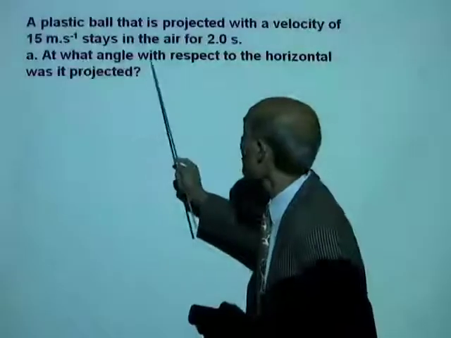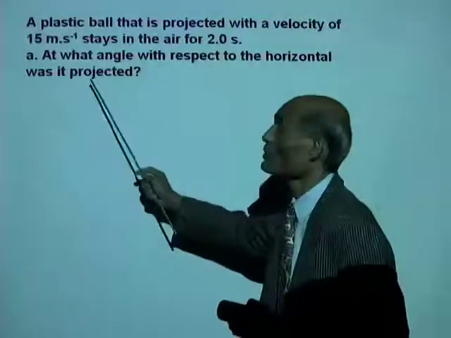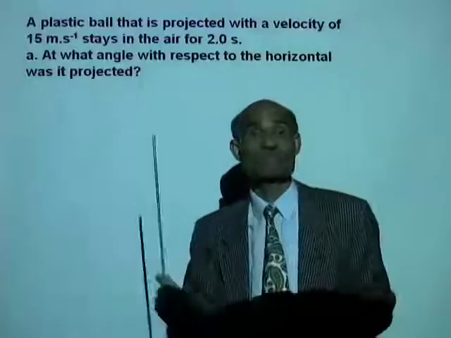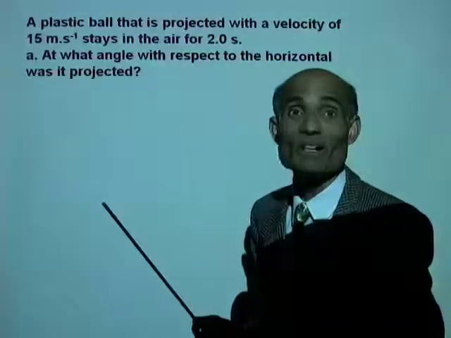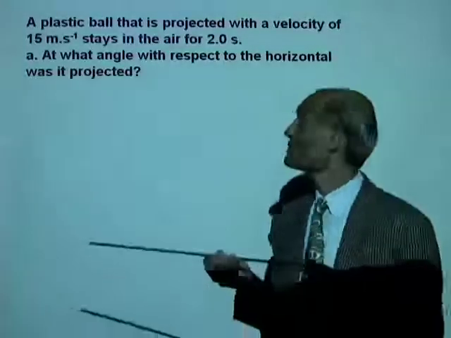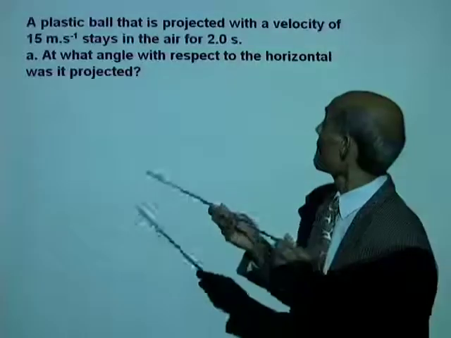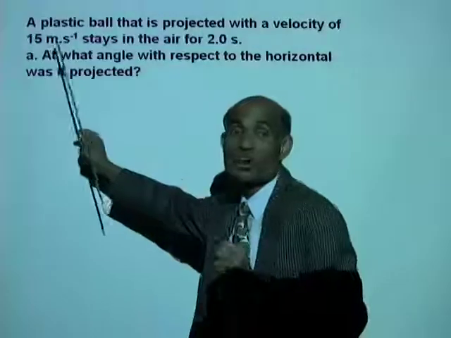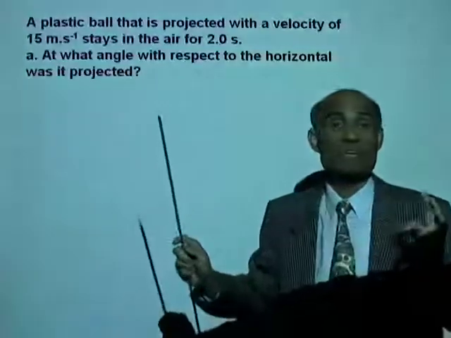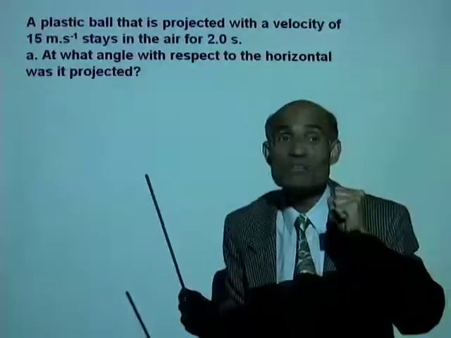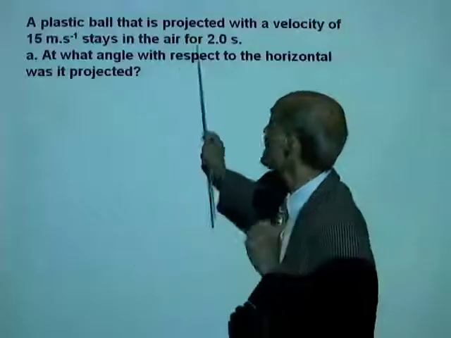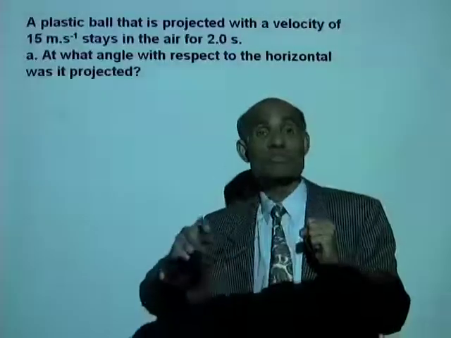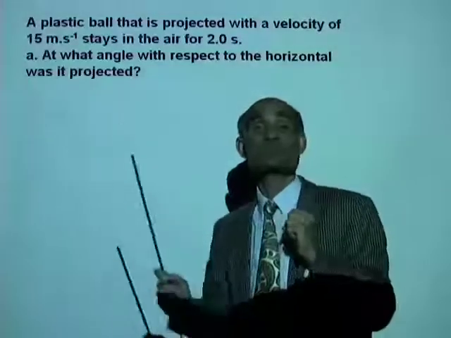At what angle with respect to the horizontal was it projected? In other words, what are the given things? We are told that the projectile was projected with a velocity of 15 meters per second. That is V0. And it stays in air for 2 seconds. That is the time of flight.